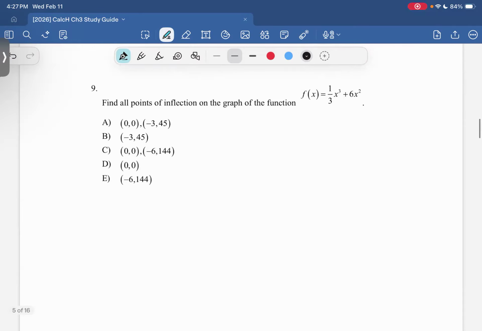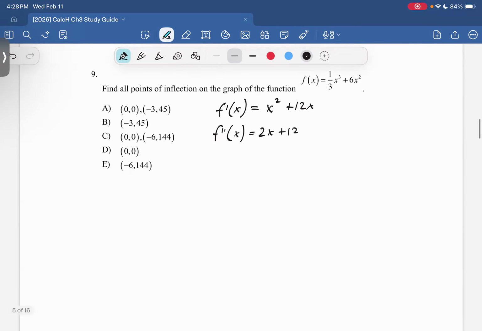Points of inflection of this graph. That means we're going to have to find the second derivative. All right.